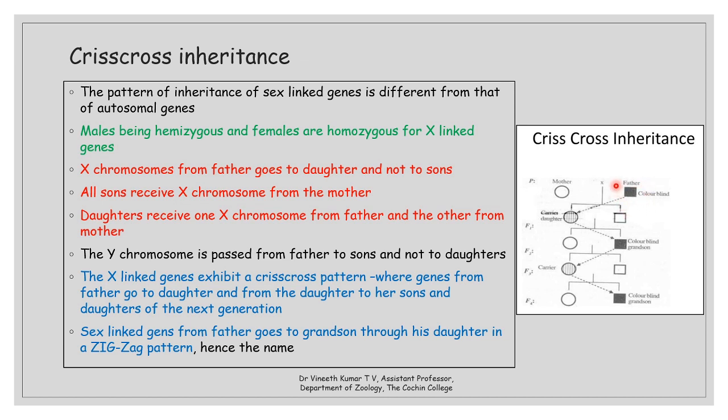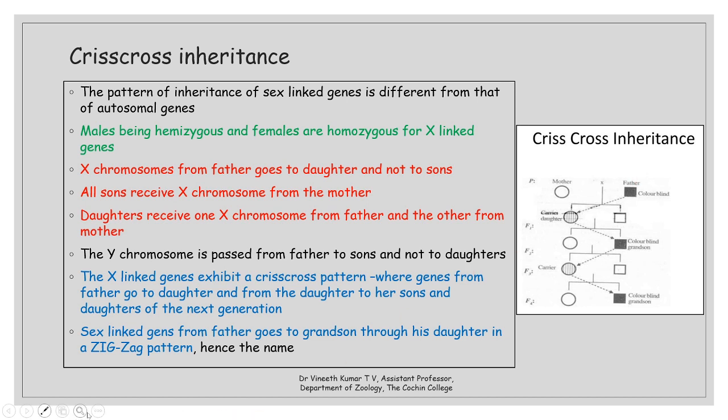So what happens is the father here is colorblind, and he is XY. The X chromosome is the one containing the mutated allele, because we are discussing sex-linked inheritance in humans, which is related to the X chromosome. So this is the affected X chromosome.